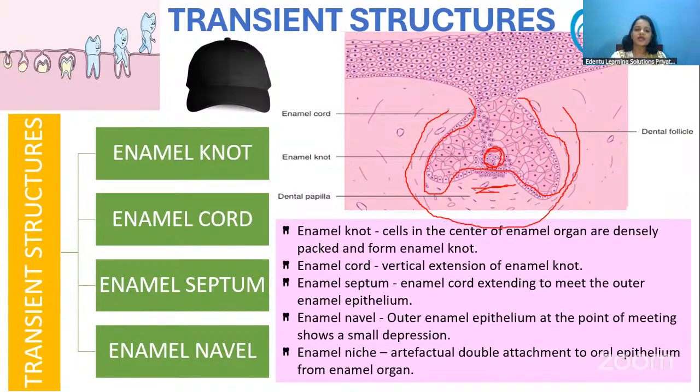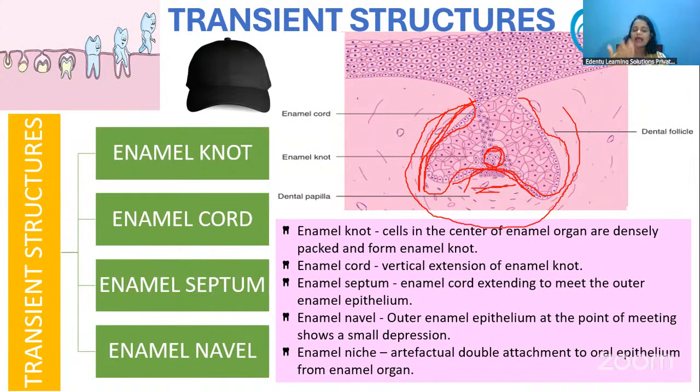If you look at this enamel organ, this layer seen in the outer region is called the outer enamel epithelium, and this layer that is very adjacent to the dental papilla is called the inner enamel epithelium.